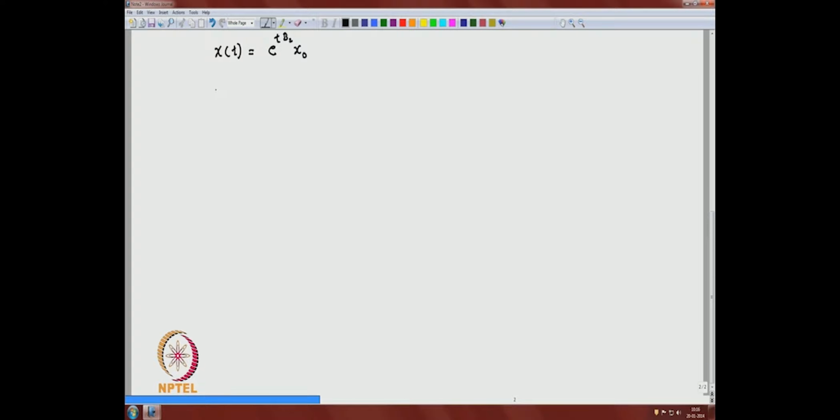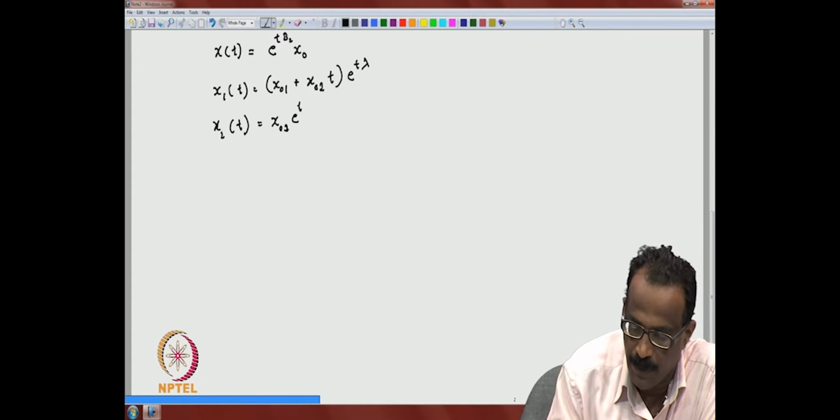If you decouple, you will get x1 of t immediately, in terms of x01 and x02, the initial values, times e power t lambda. And x2 of t is equal to x02 into e power t lambda, because it is independent of that. So, x1 will not come there.